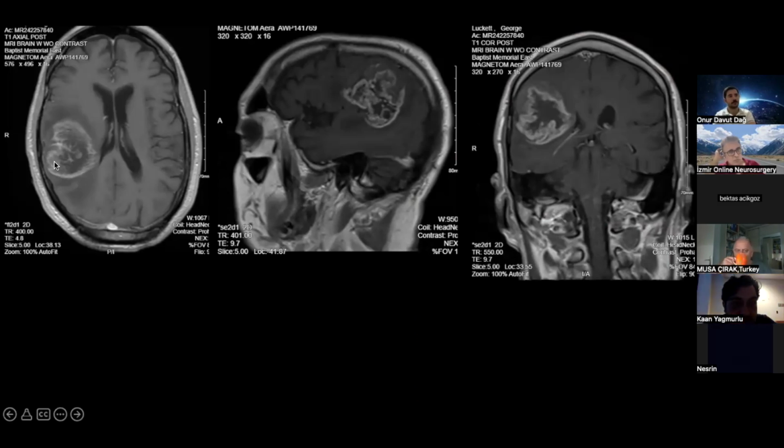You see here, this is the GBM, a wedge-shaped GBM that comes to the wall of the lateral ventricle. So there are two options when you see that kind of tumor.